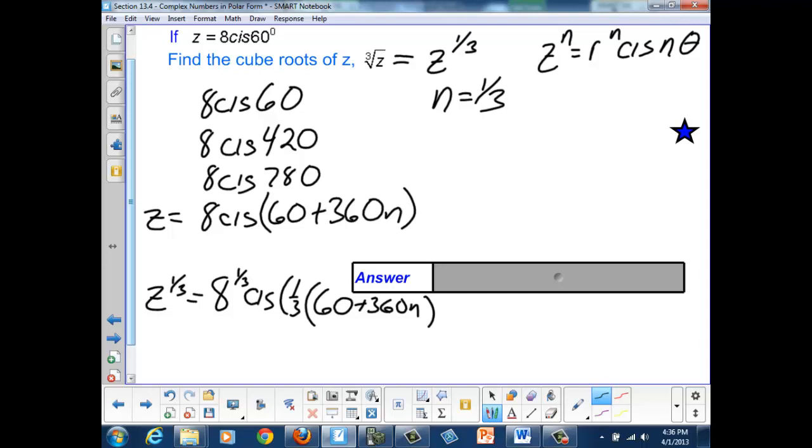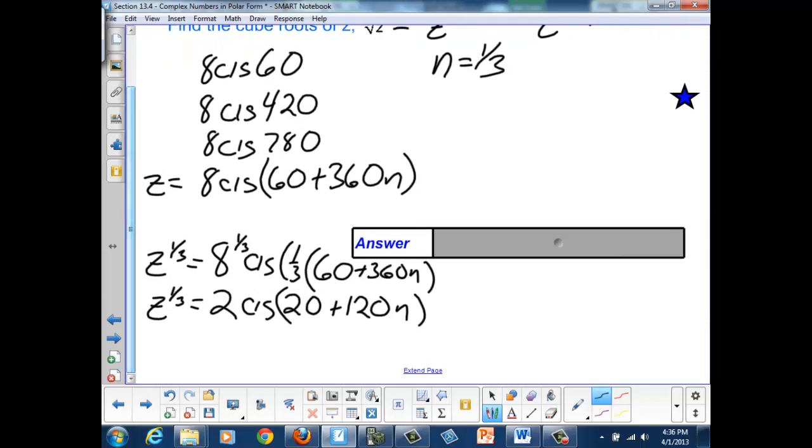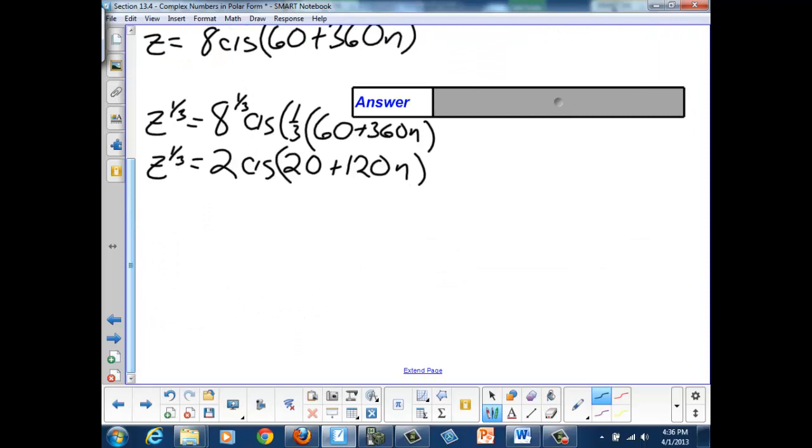Now, I'm going to simplify here. z to the 1/3 is going to be equal to 2, that's the cube root of 8, cis 20, 1/3 of 60, plus 120n.